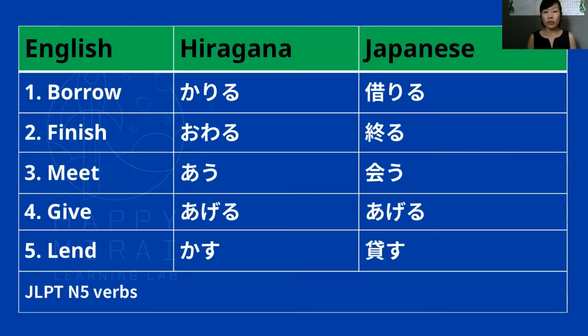Number 2, finish, 終わる. Number 3, meet, 会う. Number 4, give, あげる. Number 5, lend, 貸す. Those 5 words are the ones that will appear in some of the sentence examples.